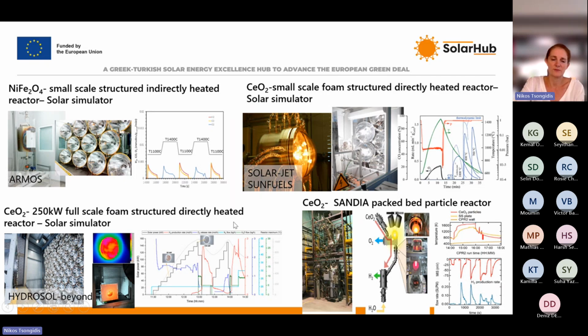You have seen this example in the previous presentation, also from Matthias Pine. And also another reactor, which is completely different from the three examples that I have presented here, the particle packed bed reactor that has been tested in Sandia. All these reactors have been tested either for combined water and CO2 splitting for hydrogen and carbon monoxide production, or just for water splitting.